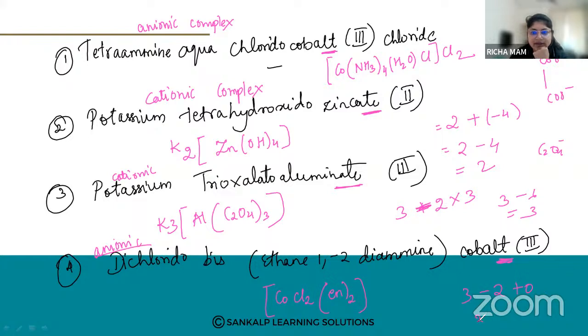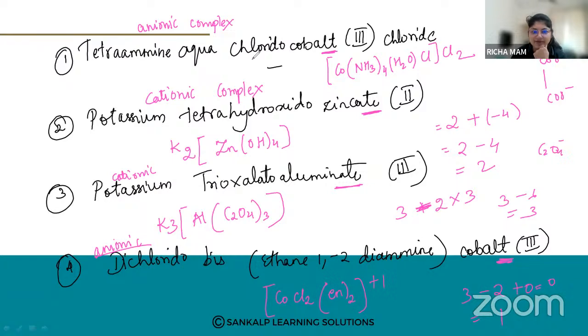So the charge is 3 minus 2, which is 1. The charge on the overall complex is plus 1.